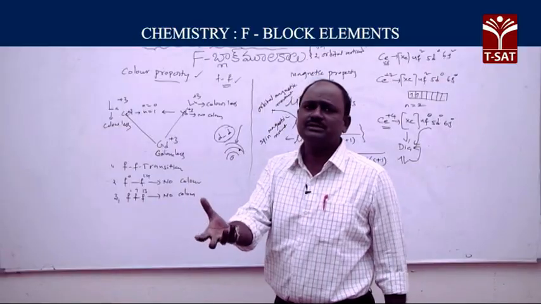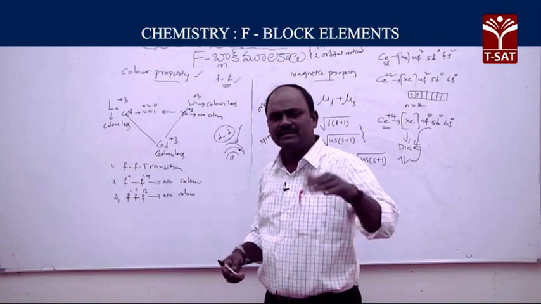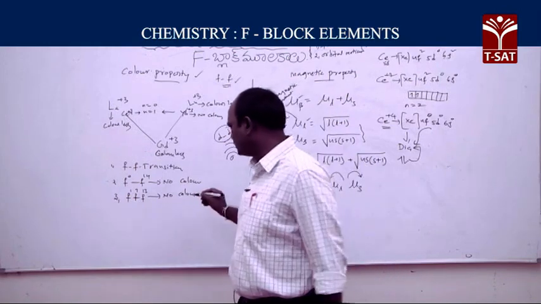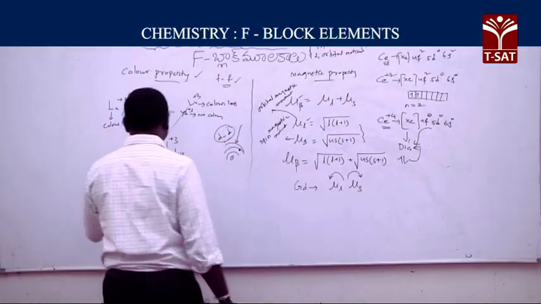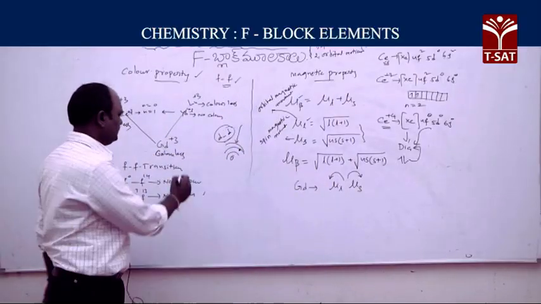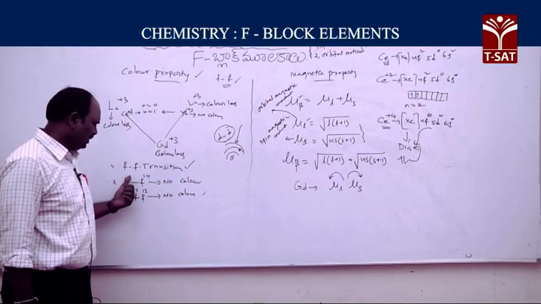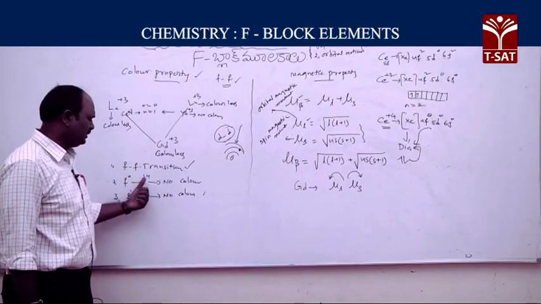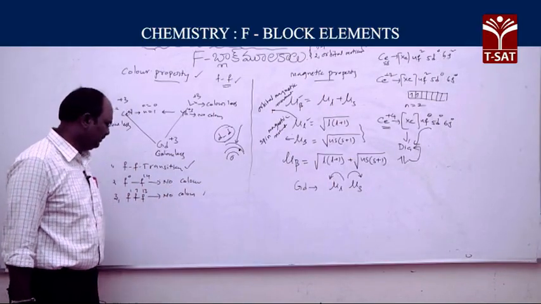Questions regarding this are asked in competitive examinations, IIT Mains and Advanced level, so you must concentrate on that. First, the ff transition, this is completed. Next, when there are no electrons in the f orbitals or 14 electrons in the f orbitals, they do not exhibit the color property.